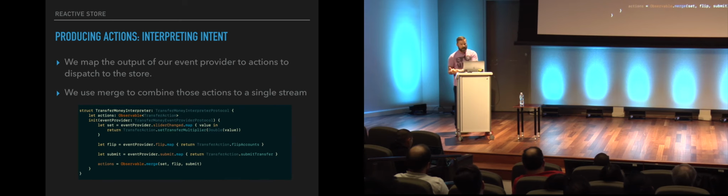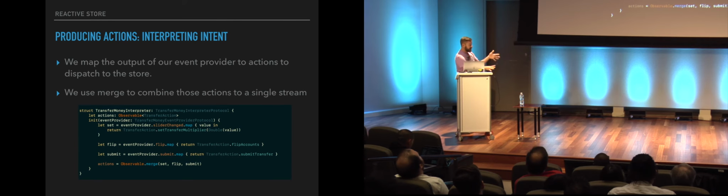So this is my example code of what an interpreter looks like. And you can see here, it's literally just calling map. There's nothing special here except for that observable merge, which is the one that's taking those streams and overlaying them together. So it's pretty straightforward.